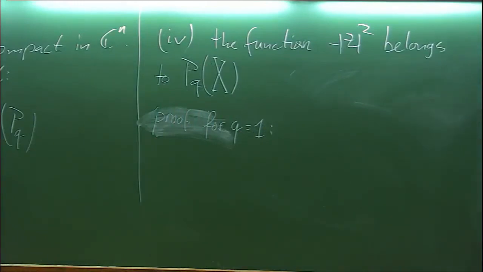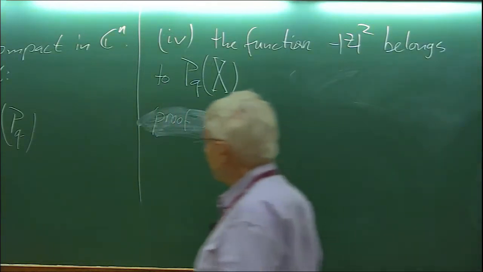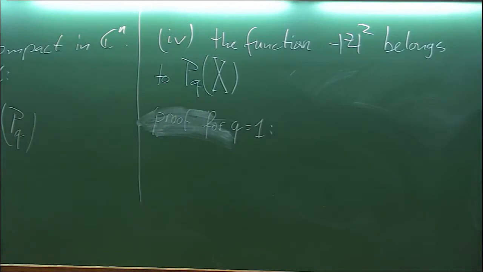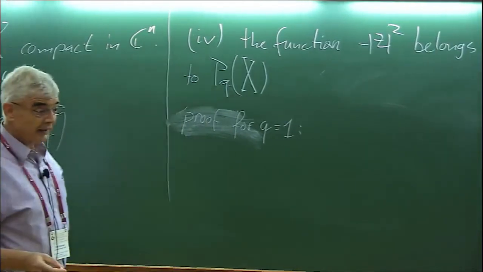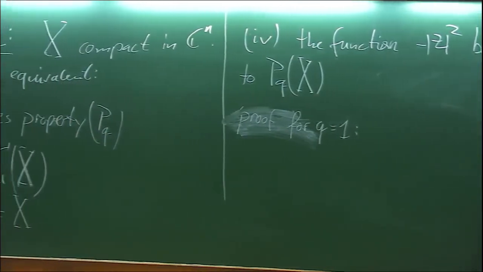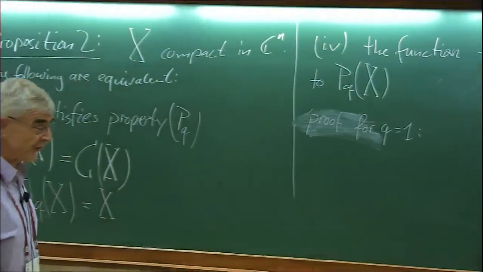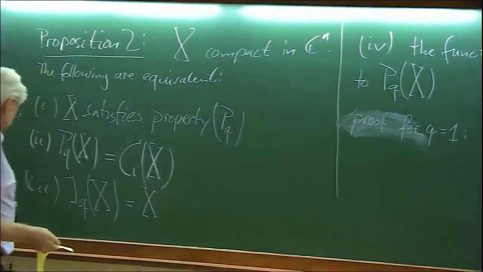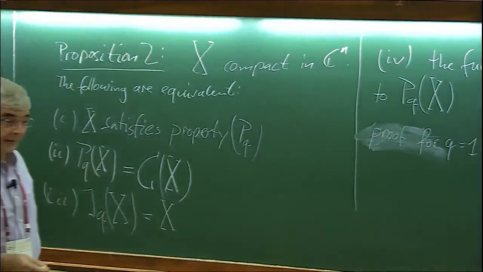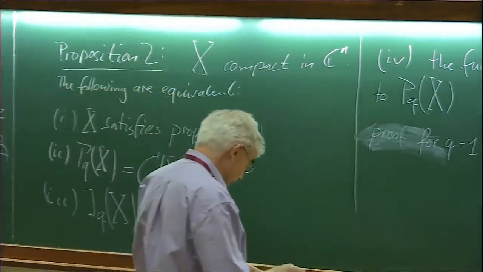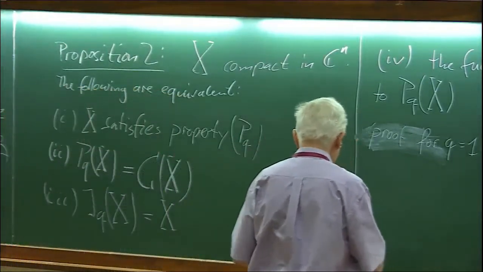Everything I say works verbatim for general Q, but it turns out the equivalence of 1, 2, and 4 is essentially just unraveling the definitions. Getting 3 into play requires a little bit more. So let's have a look.